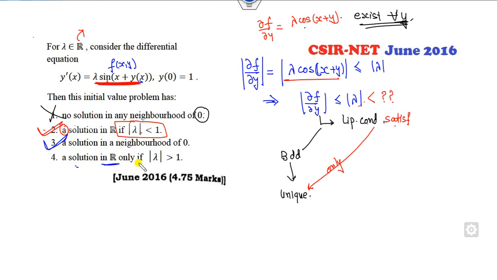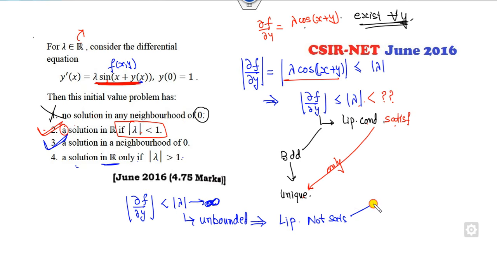A solution in R only if lambda is greater than 1. What does it mean? I already proved, if this is greater than 1, so what is the upper limit of this? It means it may exist to infinity. So if this is infinity, it means this is unbounded. Once this is unbounded, what does it mean? The Lipschitz condition is not satisfied.